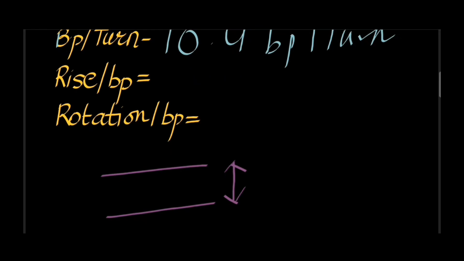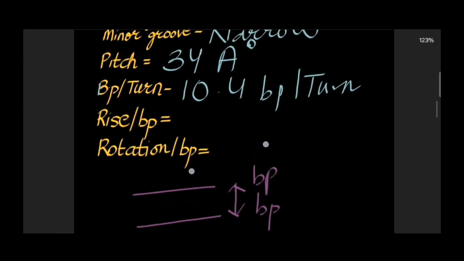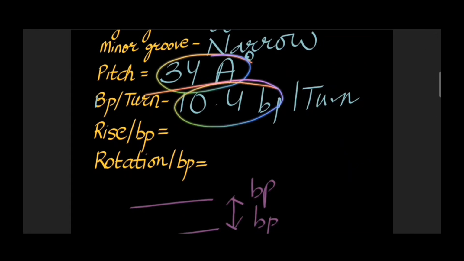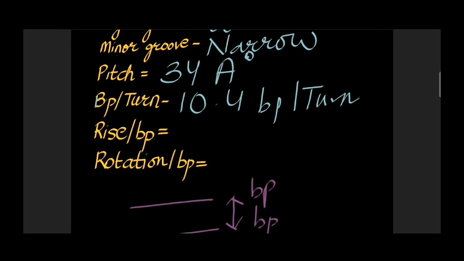That means one base pair is present out here and another base pair is present out here. So what exactly is the height? Can I say that I can divide this pitch by 10.4? Let me just divide. So 34 divided by 10.4 will be approximately 3.2 angstrom.